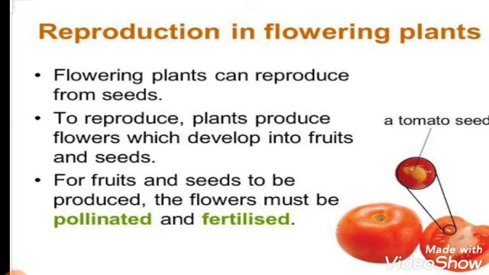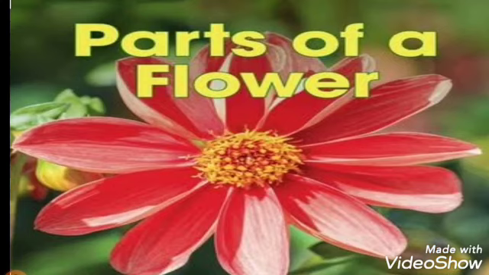It is a morphologically compressed fertile shoot with modified leaves or floral leaves. It is adapted for the production of fruits and seeds. And yes, it is very important for the identification of unknown plants. So let's study the structure of a flower.